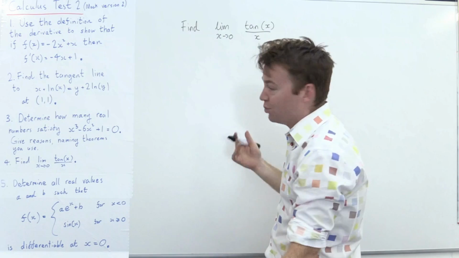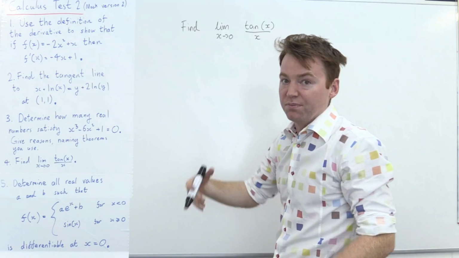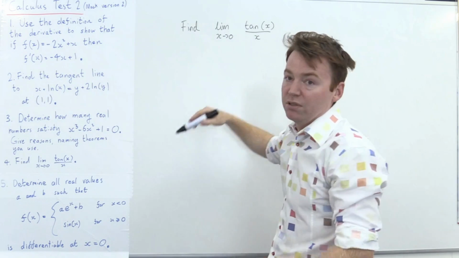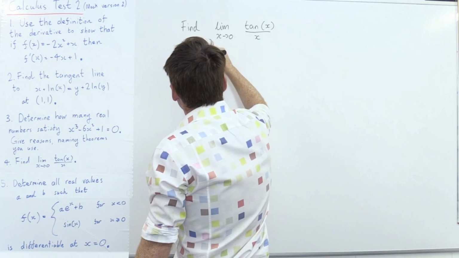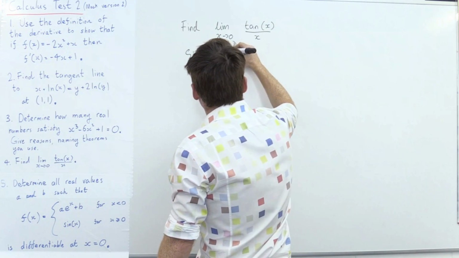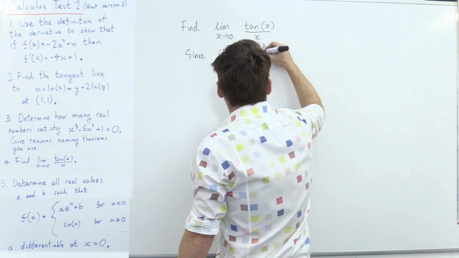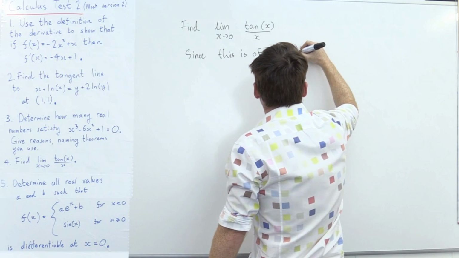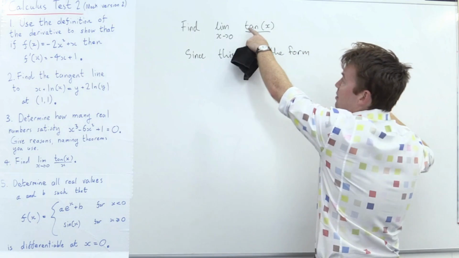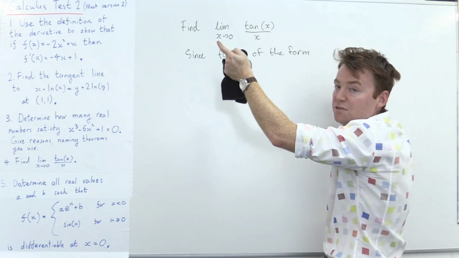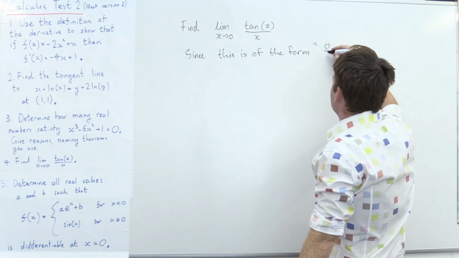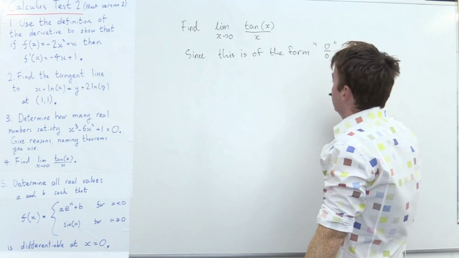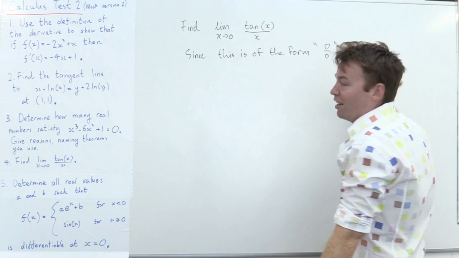Two things. First, it needs to be of the form going to 0 over 0 or infinity over infinity. Well, as x goes to 0, tan of x goes to 0, and as x goes to 0, x goes to 0, so it's of the form 0 over 0. So we're halfway there.